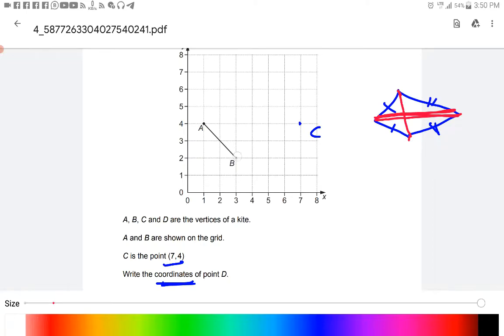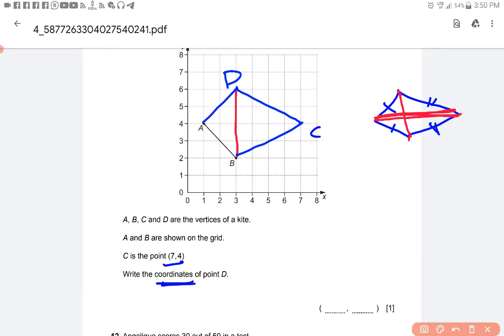So here you can draw the diagonal. So D will be in this place. Then complete the drawing. So D will be 3 and 6. These are the coordinates of D.